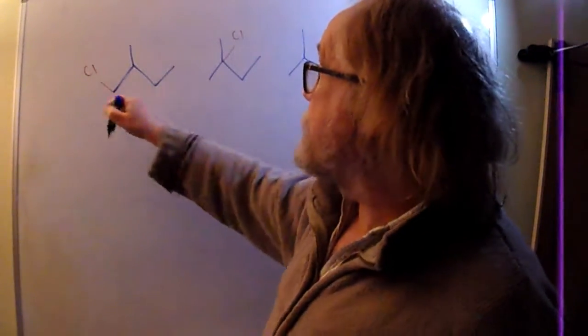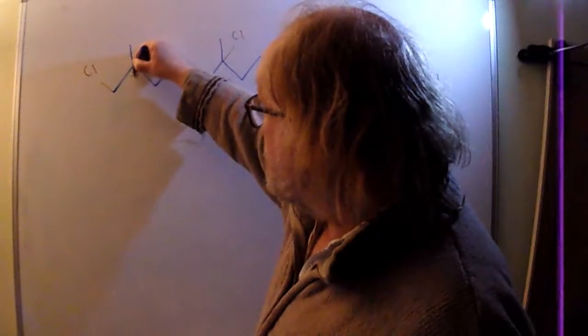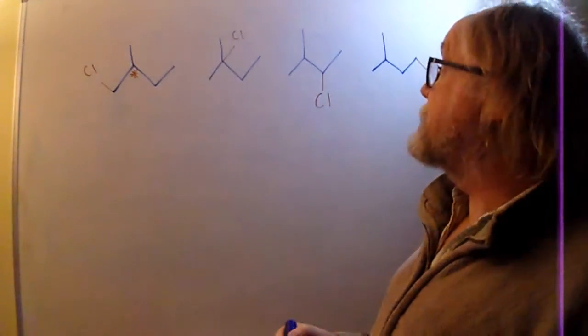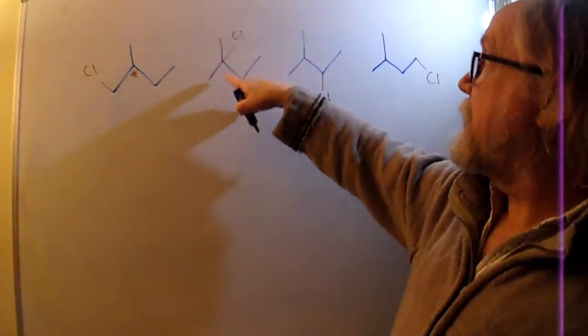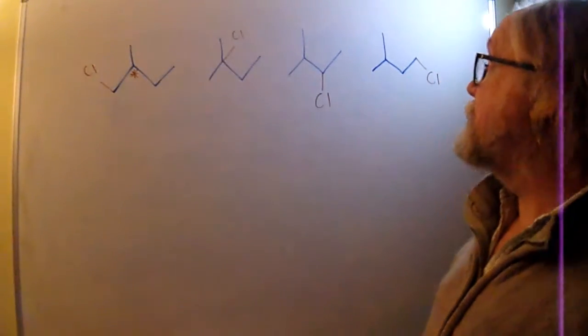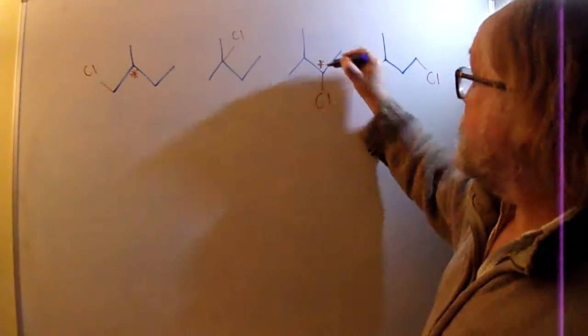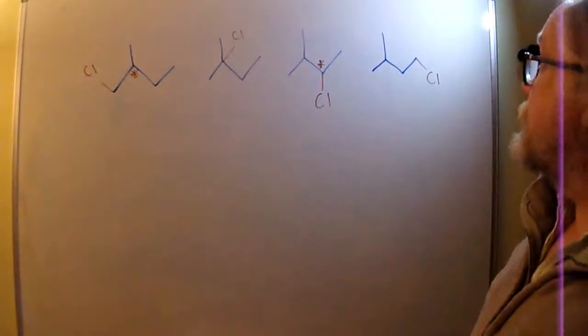But it does now, because we've chlorinated one of them, so that's a chiral center, and that means it will have two optical isomers. This one is not chiral, because you've got two methyl groups the same, but this one is, because you've got a chiral center there again with four different groups around it.